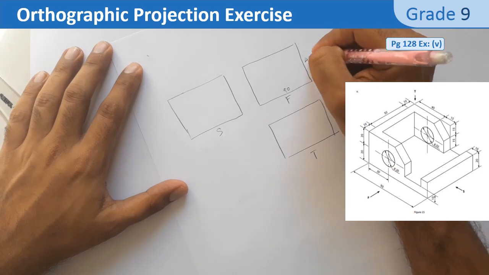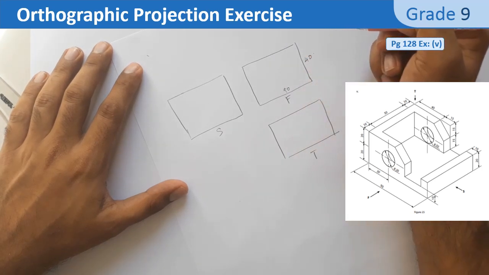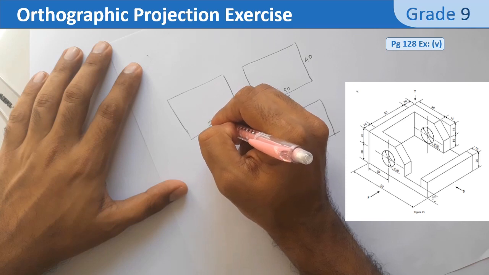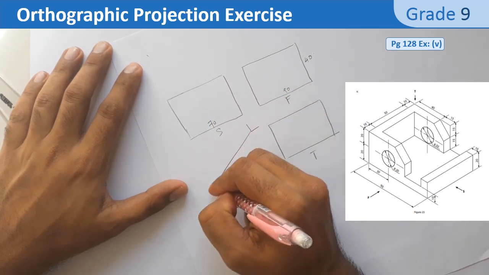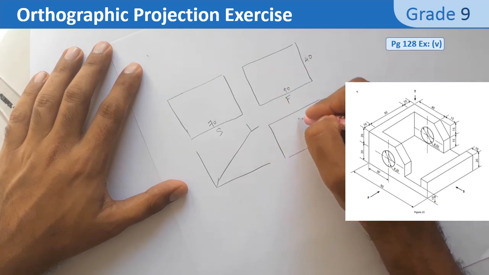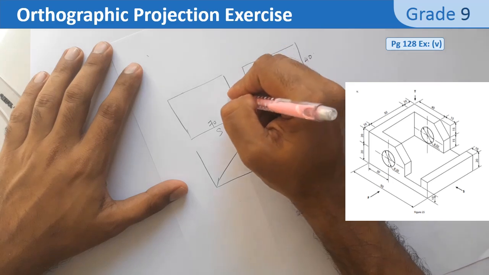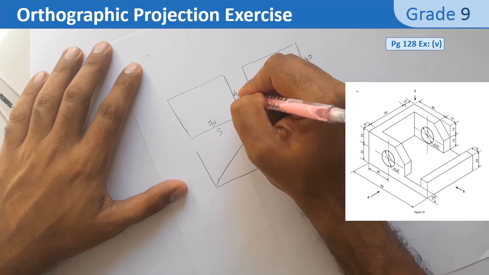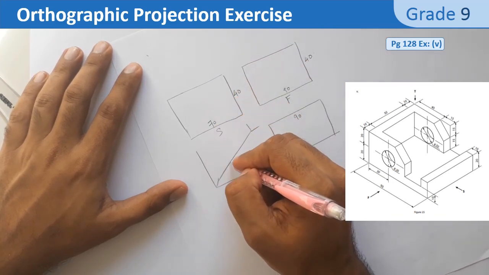Now we take the maximum measurement. The front will be 40 mm height, 90 mm length. The side view will be of a length of 70 mm. This dimension will be repeated to the top view.